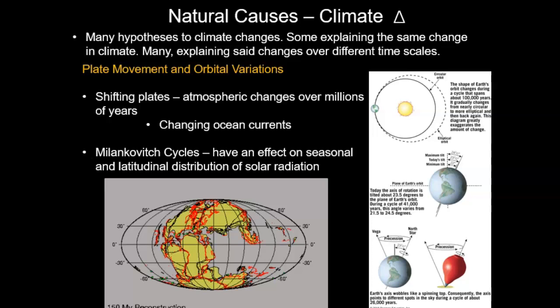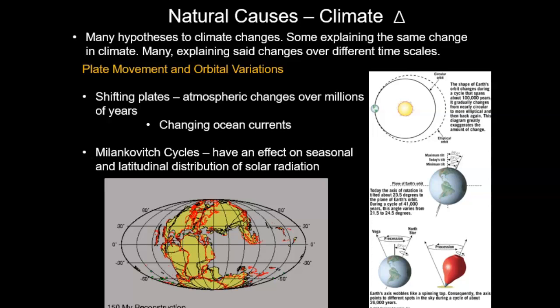The shifting plates across the globe change the latitudinal exposure to solar radiation. With this massive mass movement, a change in evaporation and precipitation patterns occurs. Also, there are changes in the ocean currents, which in turn will carry the heat differently throughout the globe, when you have this plate movement. But for the plate tectonics hypothesis to have an effect on climate change, typically the effect is on a scale of millions of years.